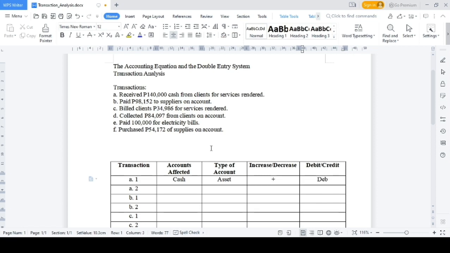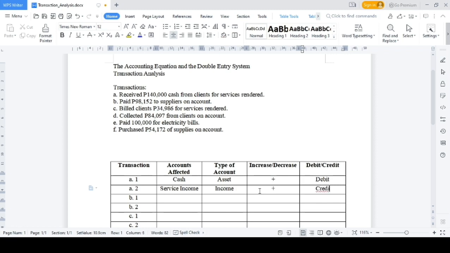It is debit since the normal balance of cash is increase, meaning it's debit. Okay, so for the second account affected, it is service income. So what type of account is it? So let's say income, or we can say equity. So did that increase or decrease? It is increase. So the normal balance of income or equity is credit.